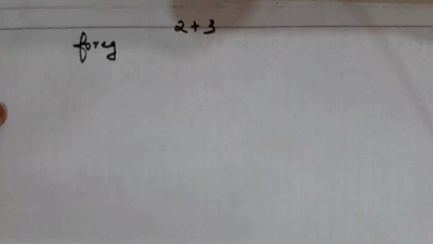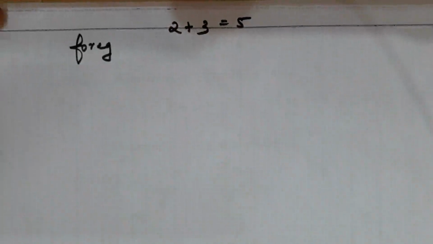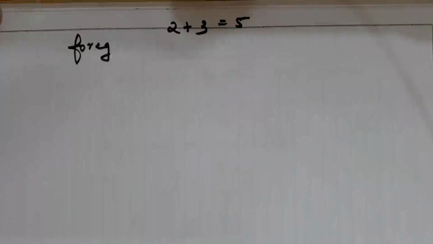Now children, like or unlike terms we mostly use when we do addition and subtraction. For example, in maths mostly you are doing addition like this: 2 plus 3. You are getting 5. So this is the addition between integers, between the numeric values.